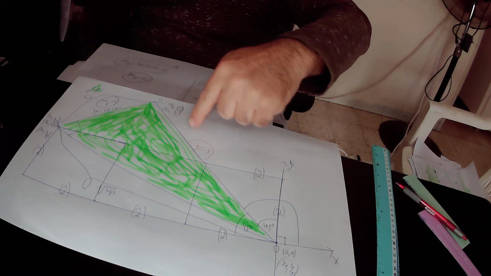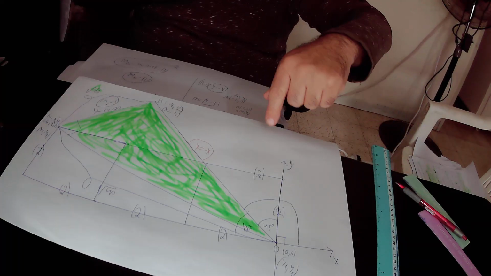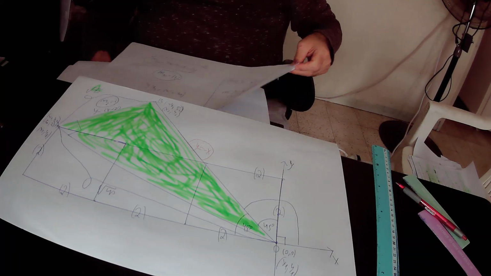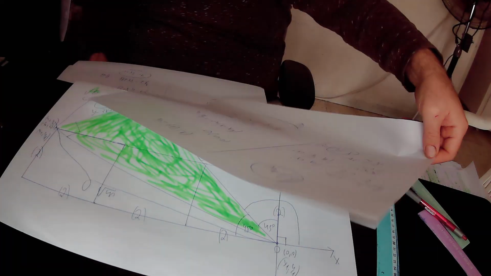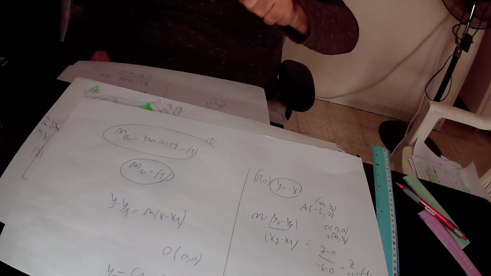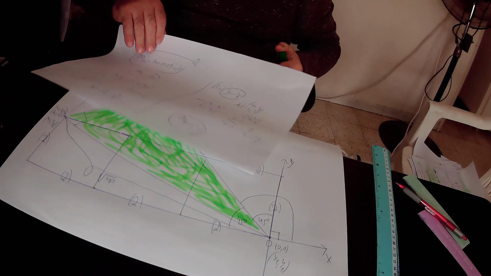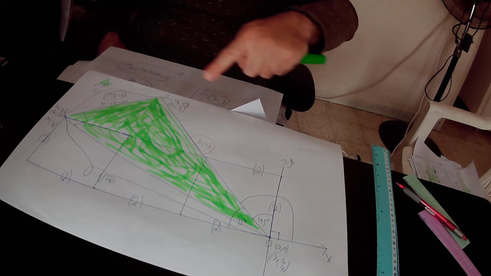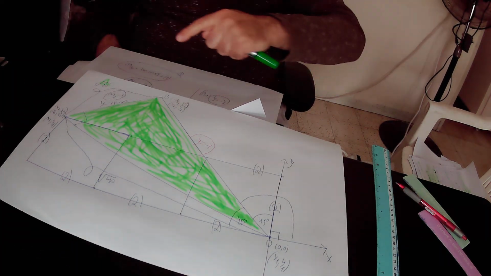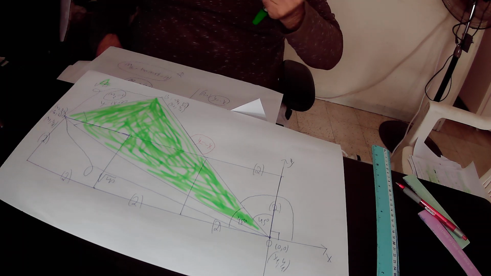Okay, this is the straight line BO and the positive x-axis. And the tangent of 135 degrees equals minus 1. That is to say, the slope of this straight line BO equals minus 1.